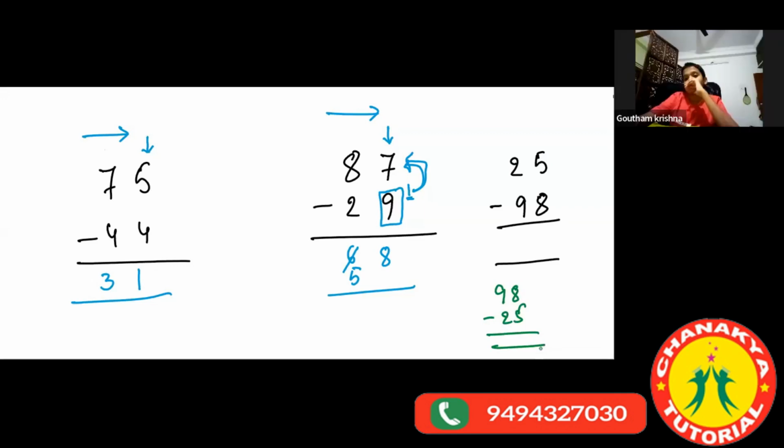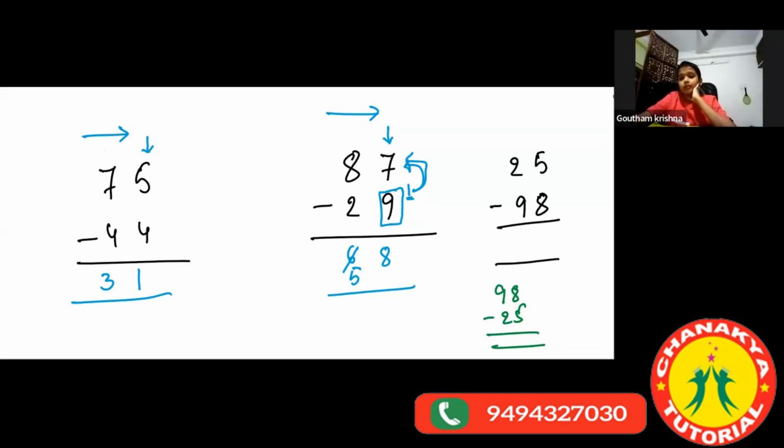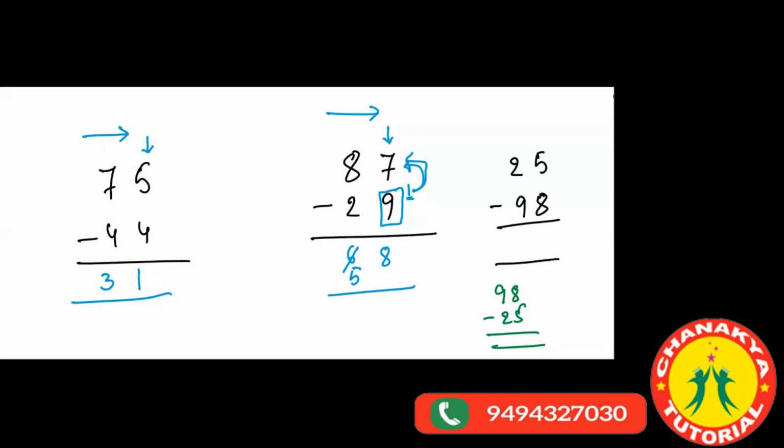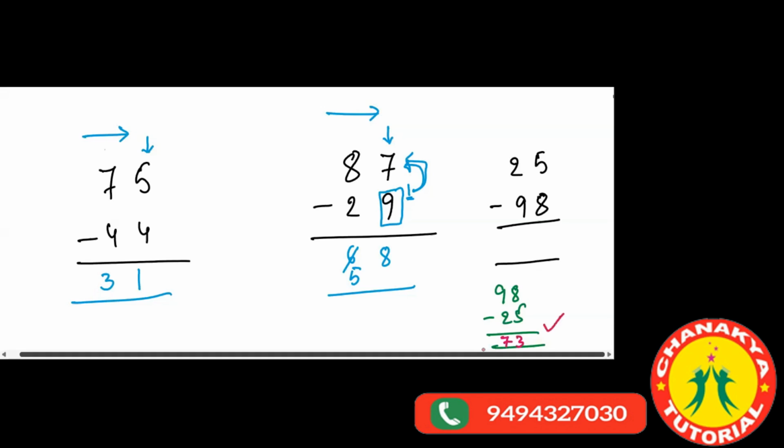Yes. Okay, 9 minus 2 is a match, and the difference is 7. But the next place is match or mismatch? Match. That's why we'll write it as it is, 7. And 8 minus 5 is? 3. So the answer is actually 73 for this question. But for this question, what is the answer?